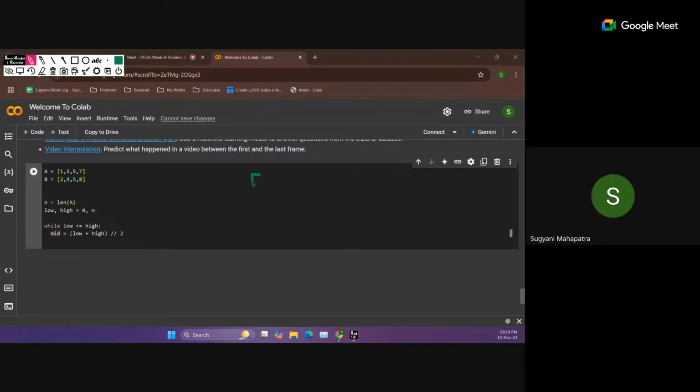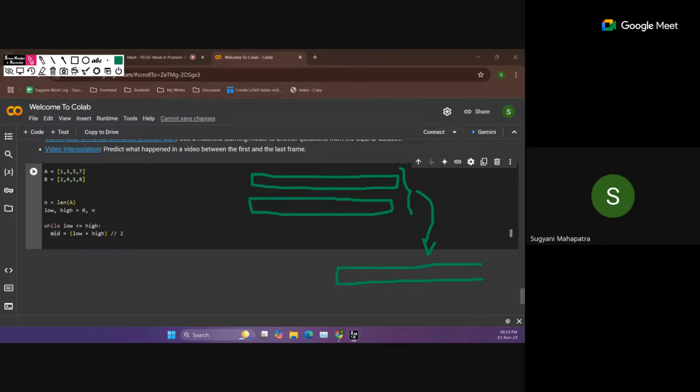This is the A list. This is the B list. When we merge these two lists, we want the middle element in the merged list, right?